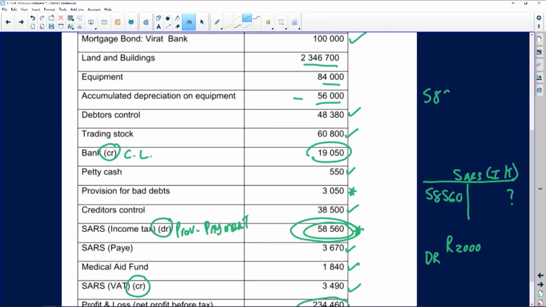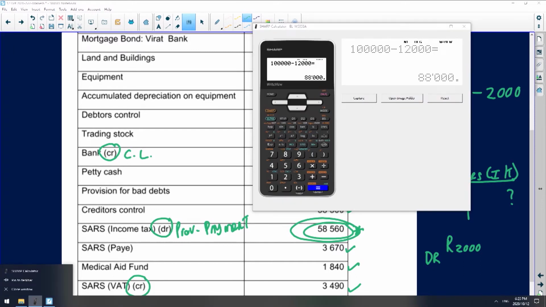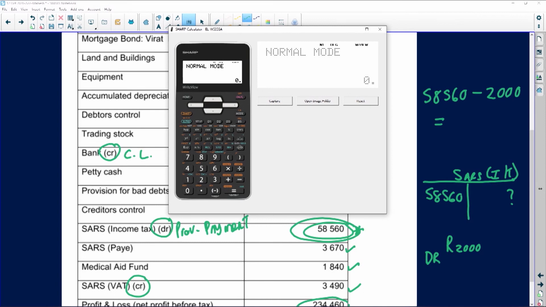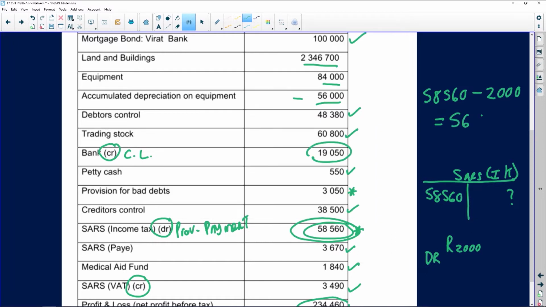So if I now have to calculate my tax expense for the year, I'm obviously taking 58,560 minus 2,000. And that would give me my tax expense for the year. Probably didn't need a calculator for that, but let's just use the calculator in any case. 58,560 minus 2,000, and my income tax expense for the year, 56,560. And you can always double check. Okay, that's my expense for the year.